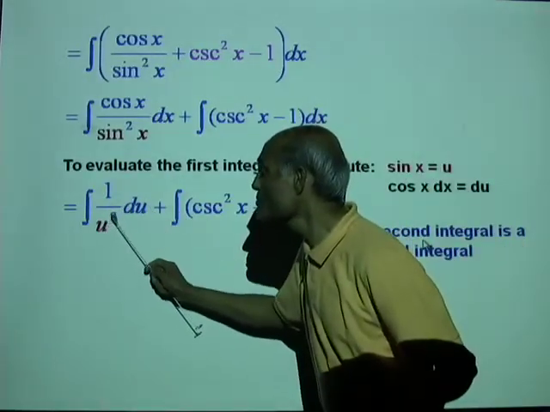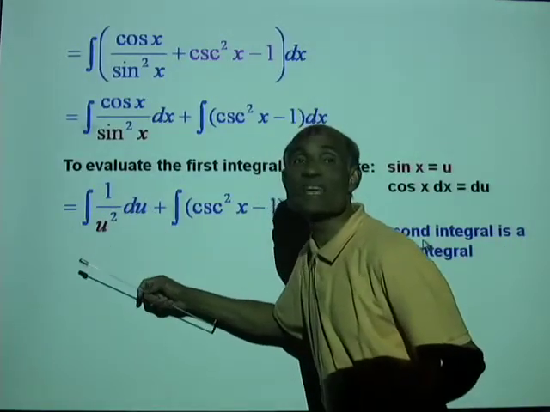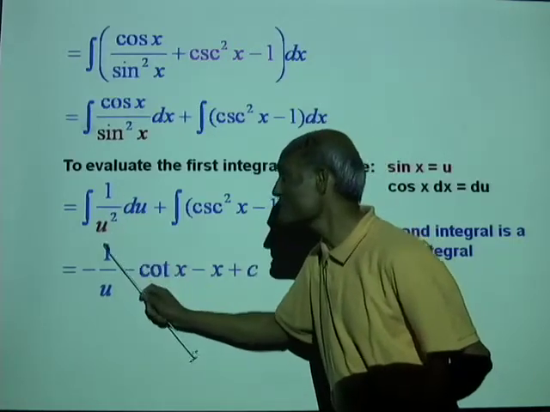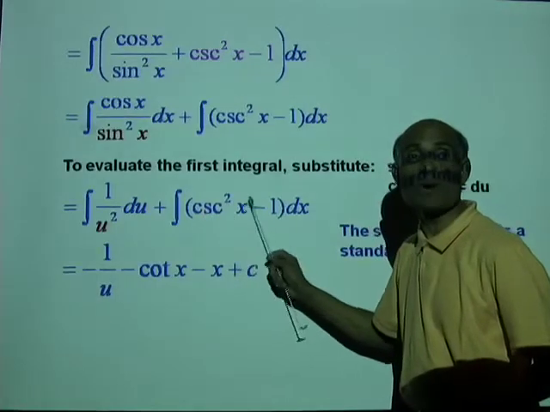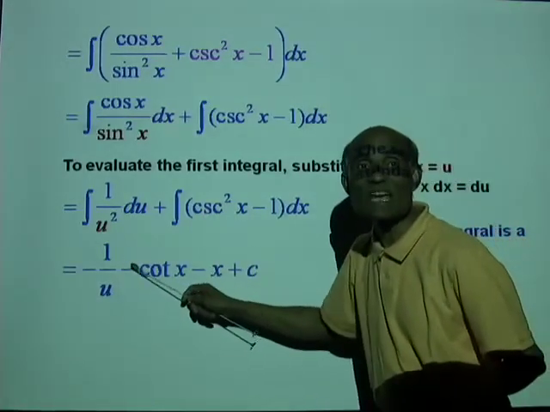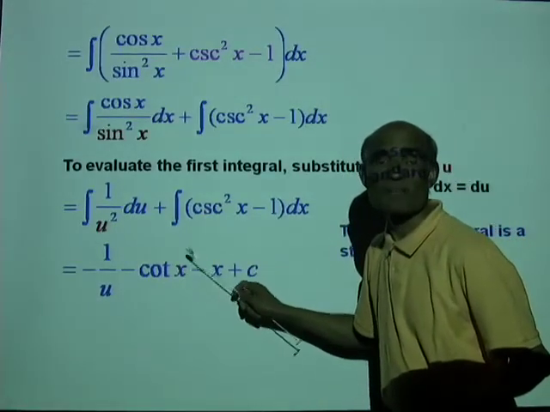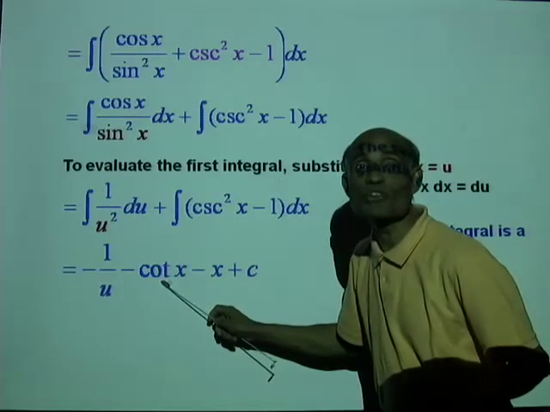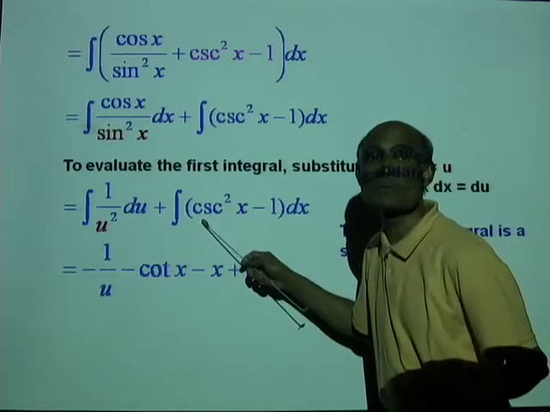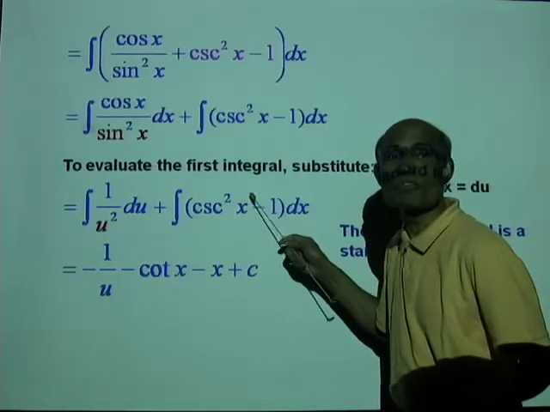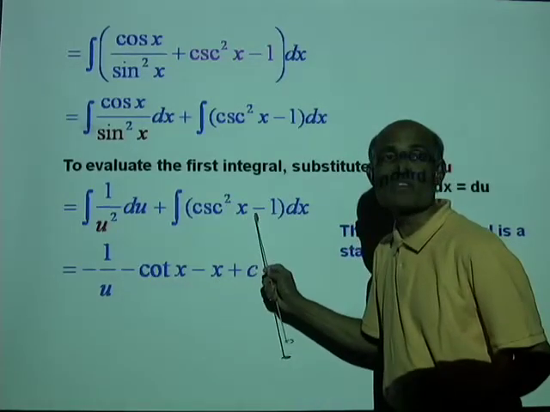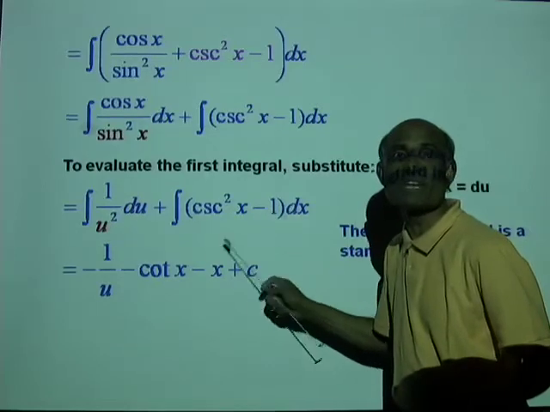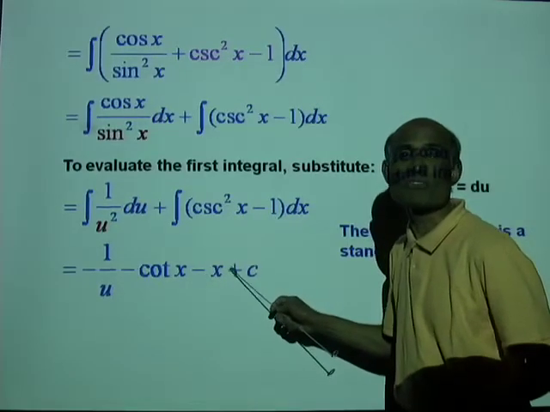Integral 1 over u squared du is negative 1 over u. Integral cosecant squared x dx is negative cot x, because the derivative of cot x is negative cosecant squared x. Minus integral 1 dx is minus x plus c.